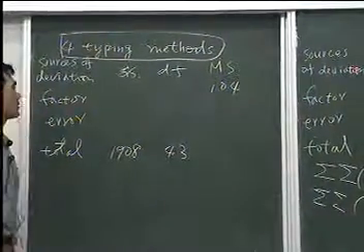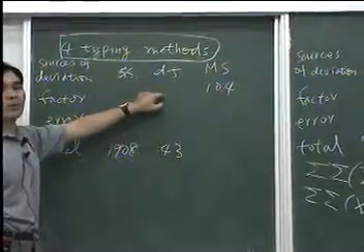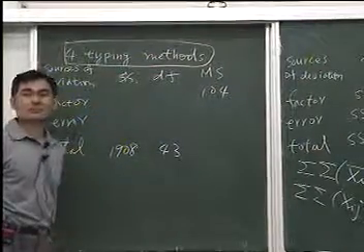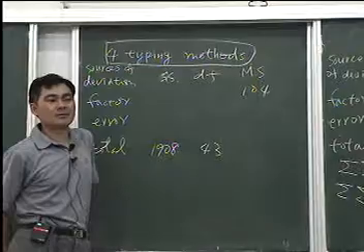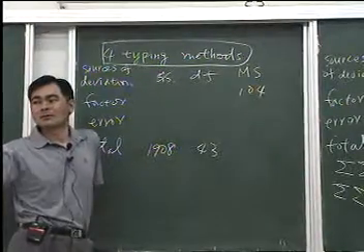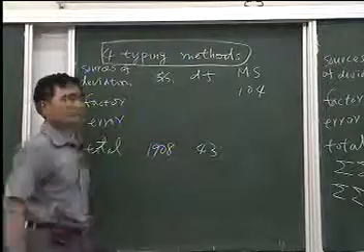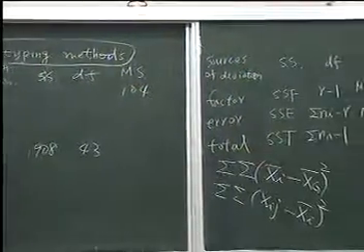So in this case, can anyone tell me how much should be here? What is the degrees of freedom for the factors? How much should it be? What should be the number here? The table is there, the formula is there.